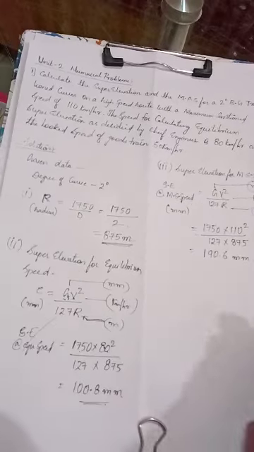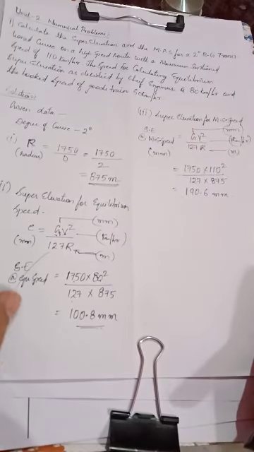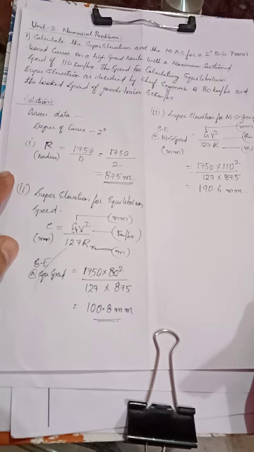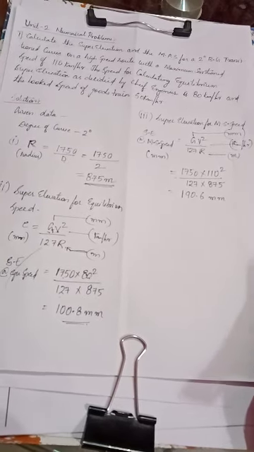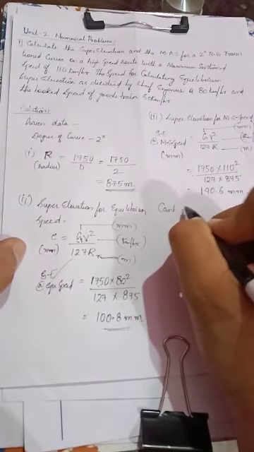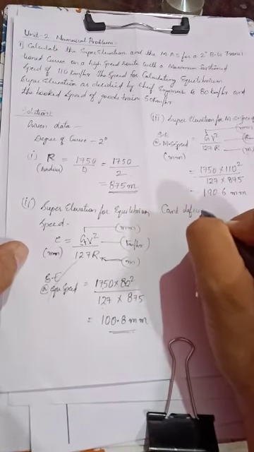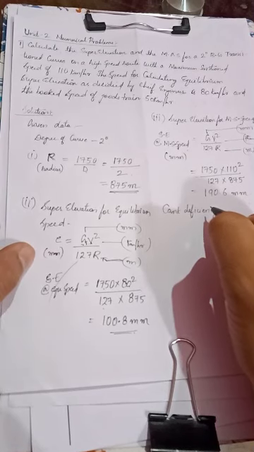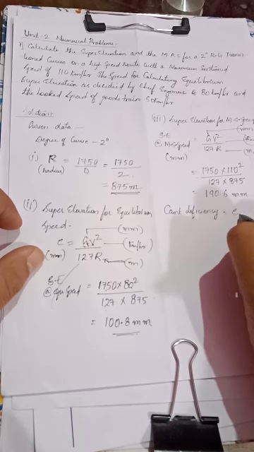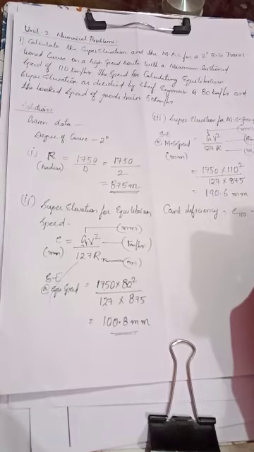Now let us find the Kant deficiency. We know what Kant deficiency is: when a train travels with a speed more than the equilibrium speed, the difference of elevation is nothing but Kant deficiency. Kant deficiency is nothing but super elevation at maximum speed 110 minus super elevation at equilibrium speed.